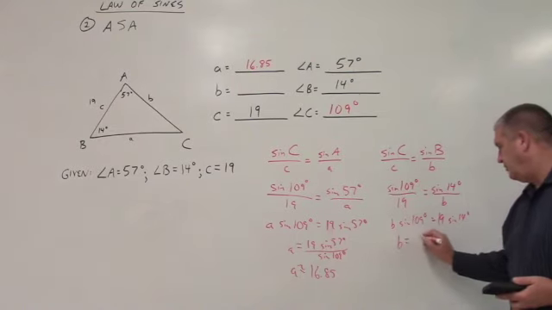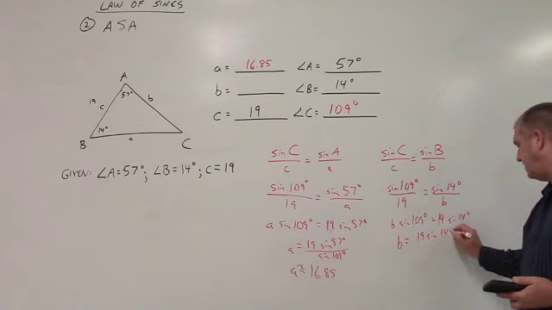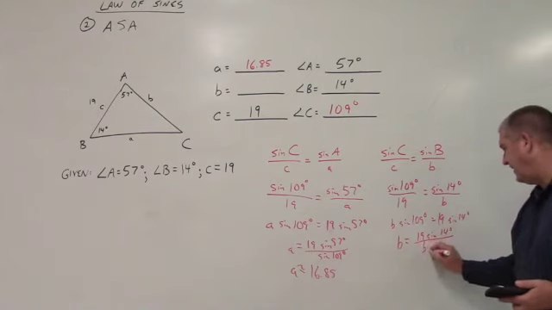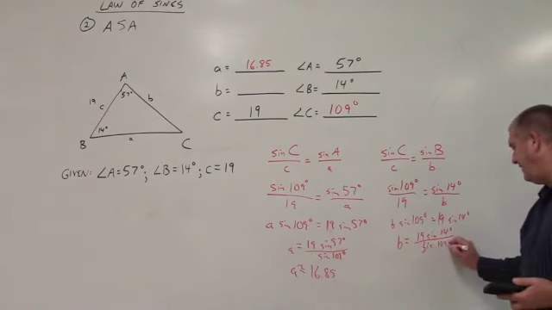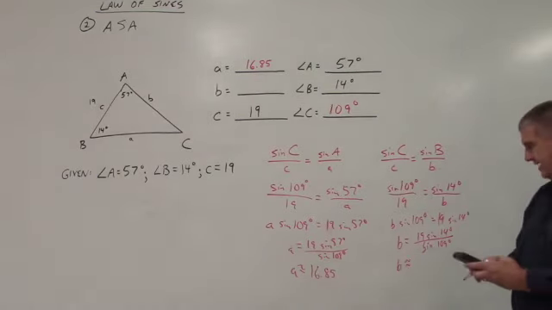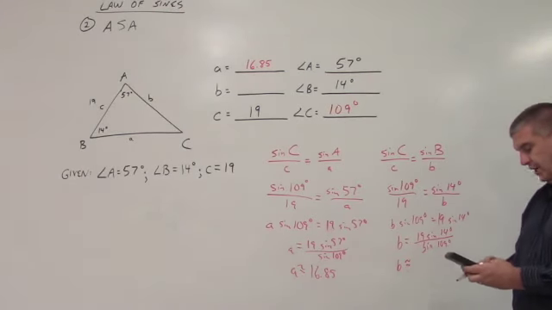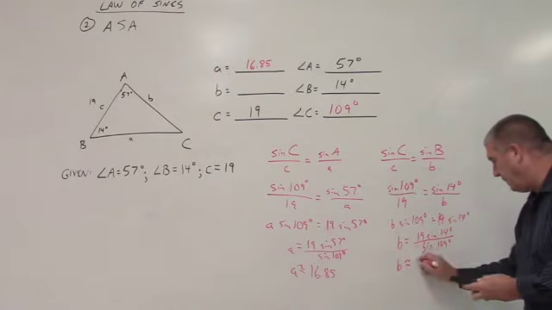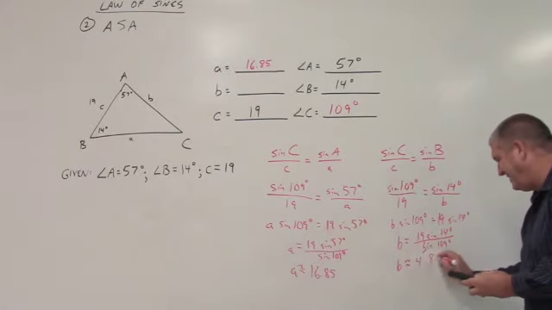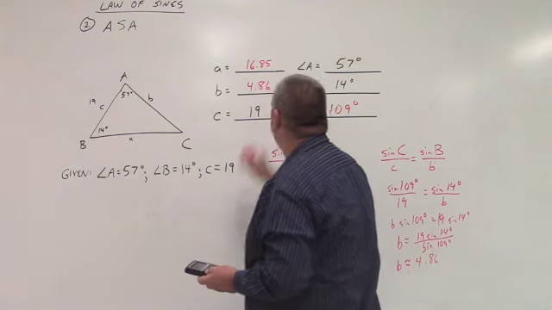B is equal to 19 sine of 14 degrees divided by the sine of 109 degrees. And the last thing we would do, and again, this will be approximate because we will have to divide that, is approximately 4.86. So we put that back in here.